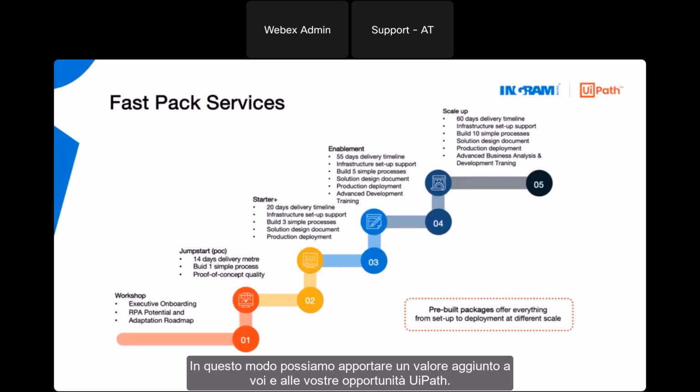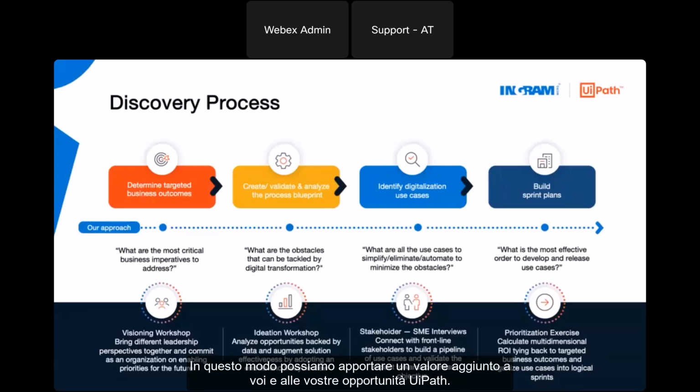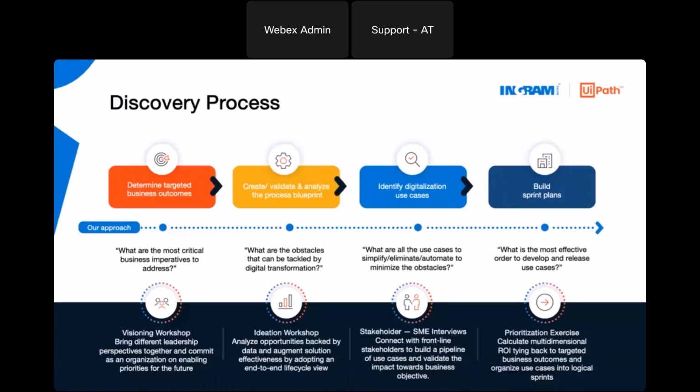So we can bring additional value to the table for you and your UiPath opportunities. We can build a specific strategy around your business, your business strategy as well, and we can start working with workshops. We can have different analysis with you and the team.